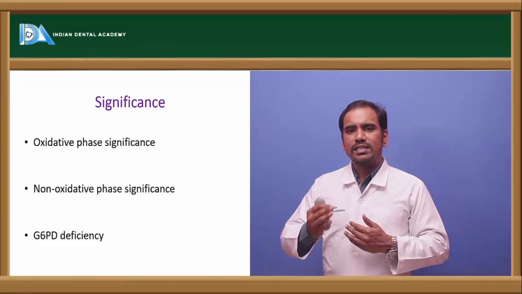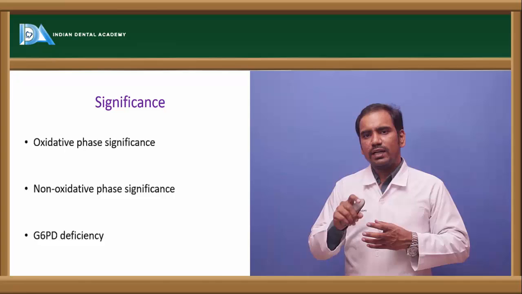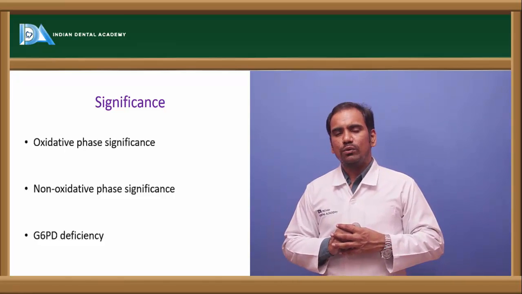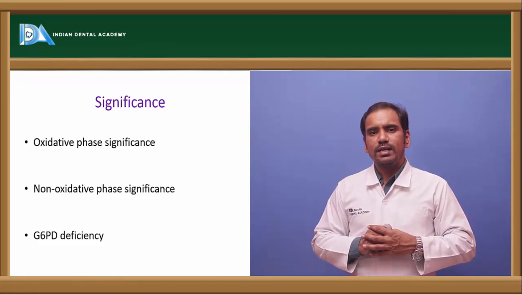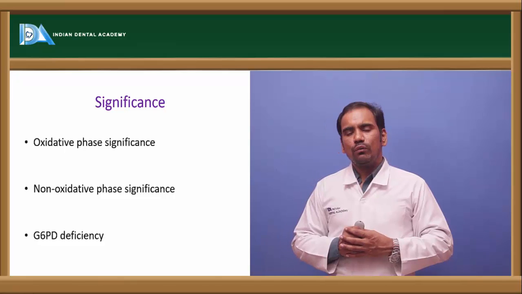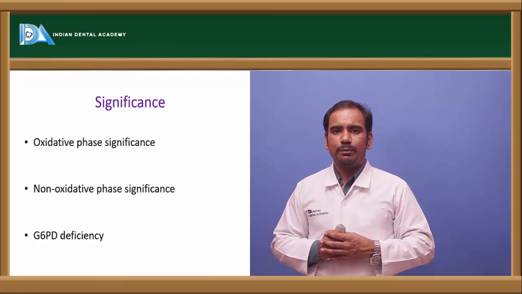Here the lysis of RBCs is because of excess hydrogen peroxide, which has to be detoxified by the reduced form of glutathione, that is GSH. But for the formation of reduced glutathione, we require NADPH.